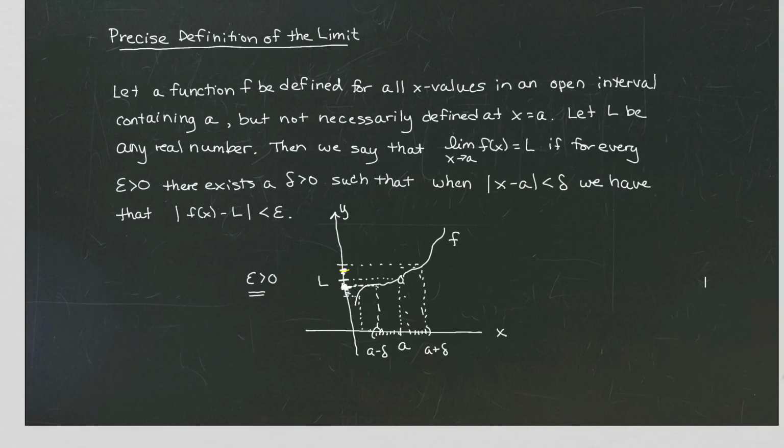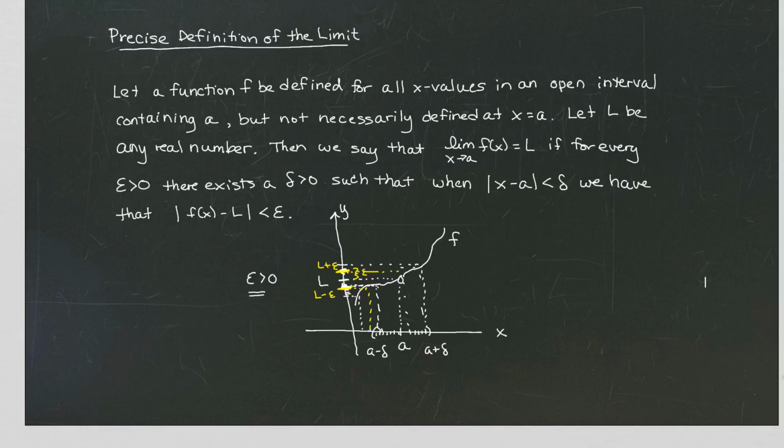and we were to take that epsilon band around L, so let's say epsilon is this distance here, and so L plus epsilon is the top notch, and L minus epsilon is the bottom, and we were to look at this band, again, we would correspondingly relate down and find a delta that corresponds to this epsilon to satisfy the condition.